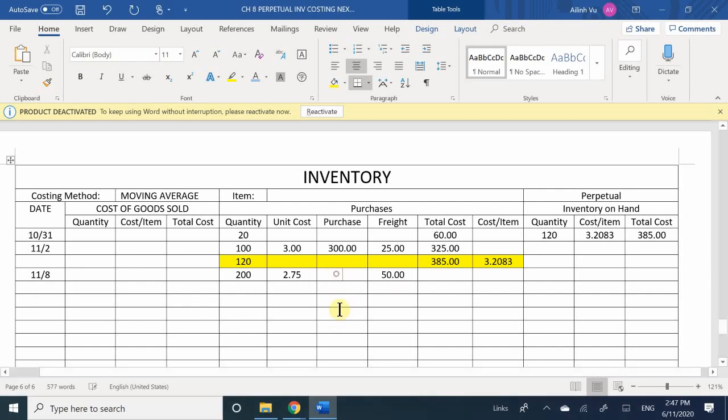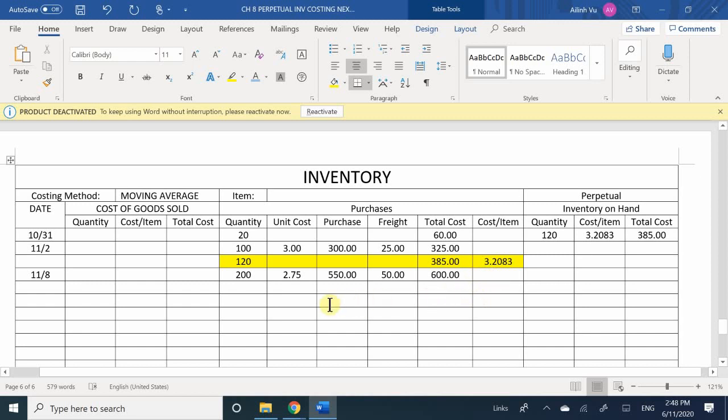Okay, so what is my total purchase price? $550. With the $50 freight, it is $600, your total cost, okay.